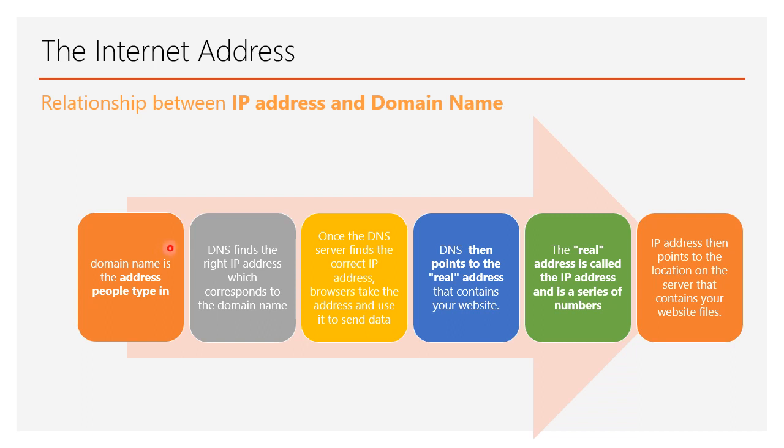It starts with the domain name typed in by the user inside the browser's search bar. DNS then finds the right IP address which corresponds to the domain name. Once the DNS server finds the correct IP address, the browser will take the address and use it to send data.